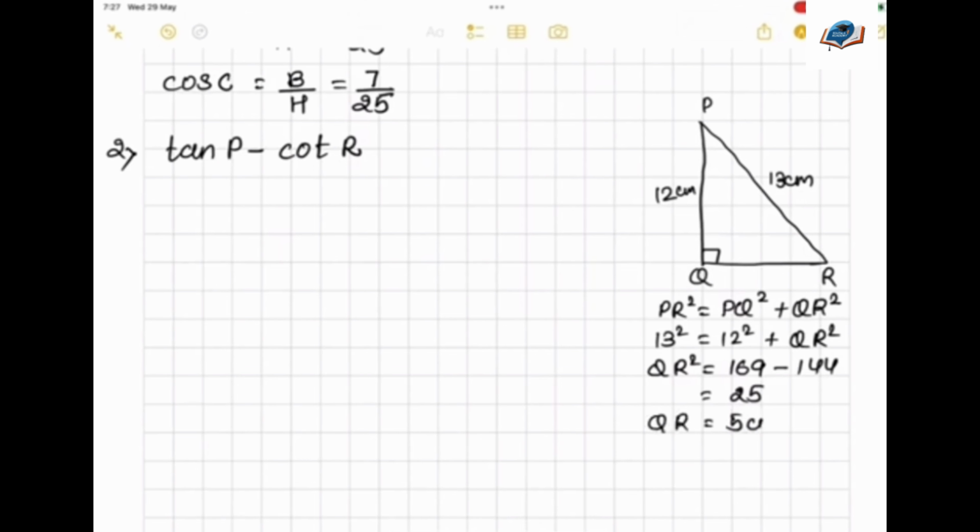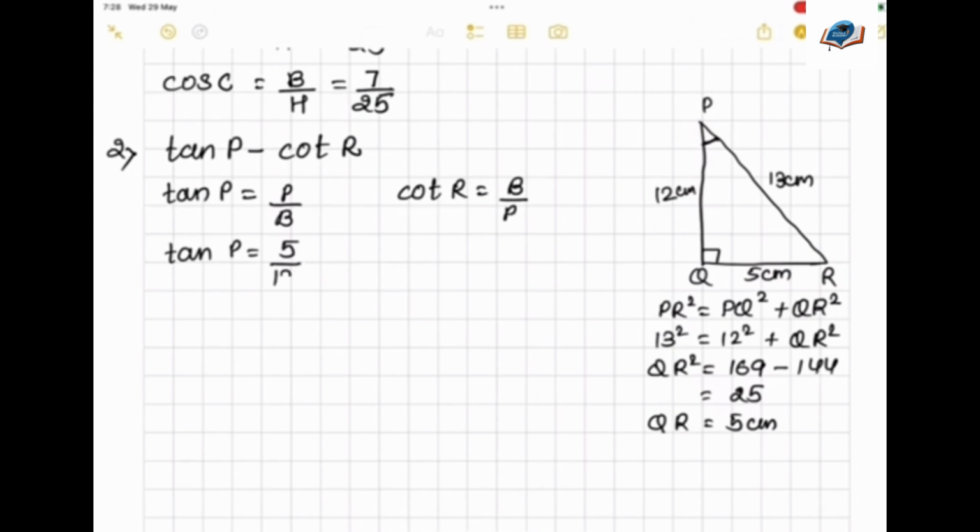So now the third side I got. Now I have to find tan P. Tan means opposite upon base. So using the technique Badri Prasad Har Har Bole, tan P will be P upon B, and cot R will be B upon P. Opposite to P is 5 centimeter, so 5 upon base, which is 12.